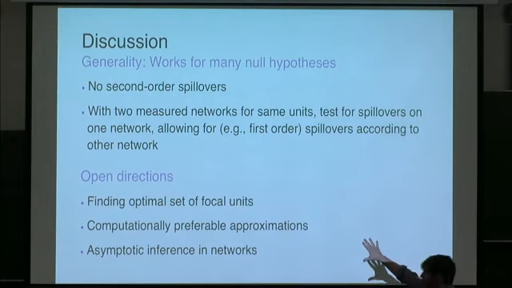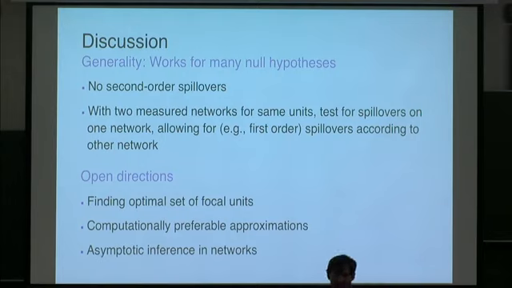There are definitely some open directions here, including ways to better approximate some of the randomization that we have to do here, these complex permutation tests, and finding the optimal set of focal units. In a lot of cases, this has many advantages over asymptotic inference in that it's exact and distribution free, but you also pay a big cost in terms of power and other things.